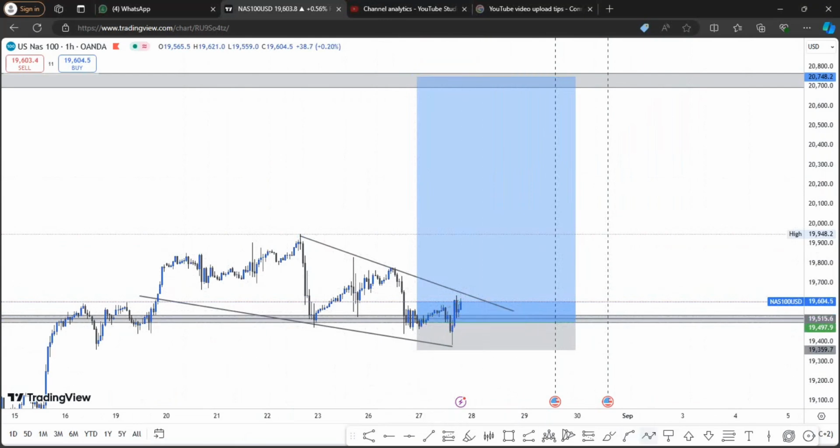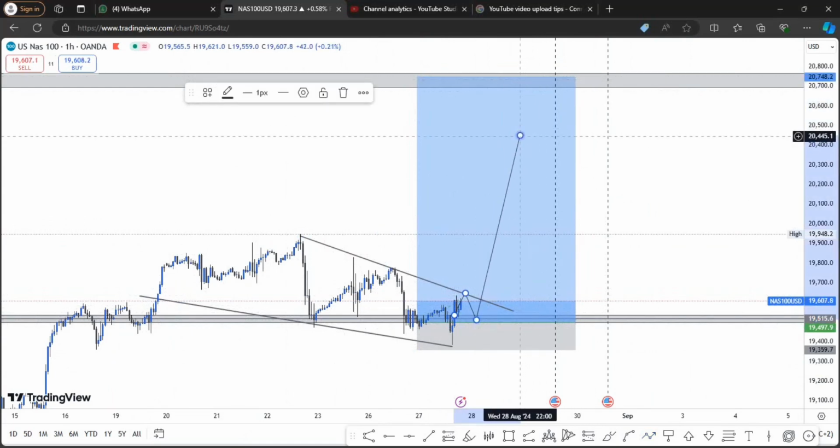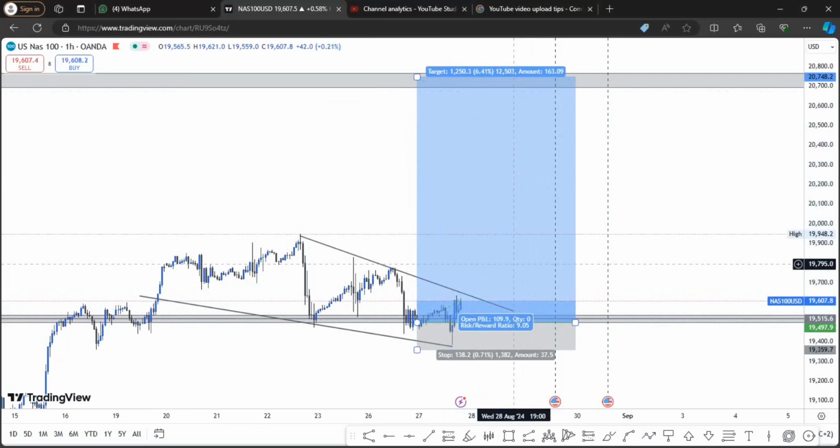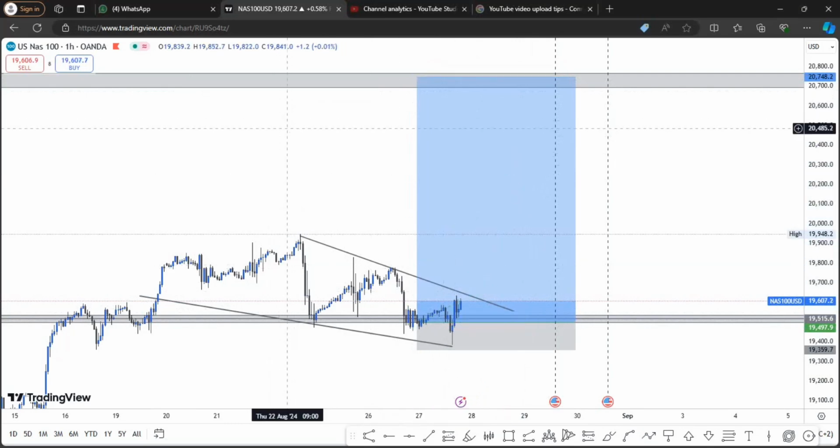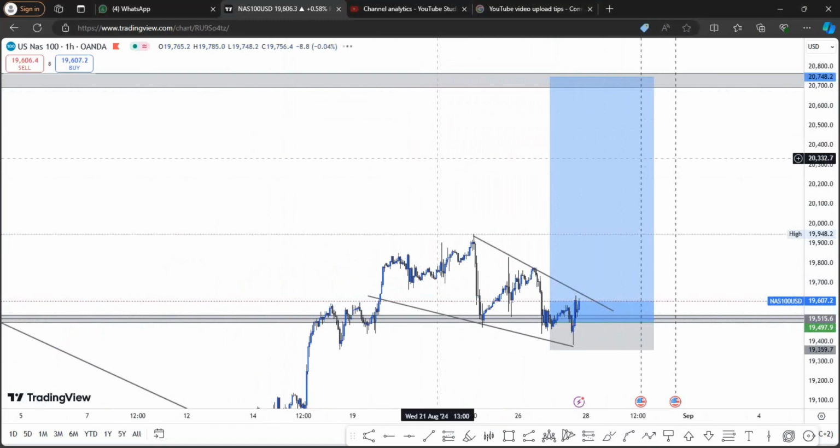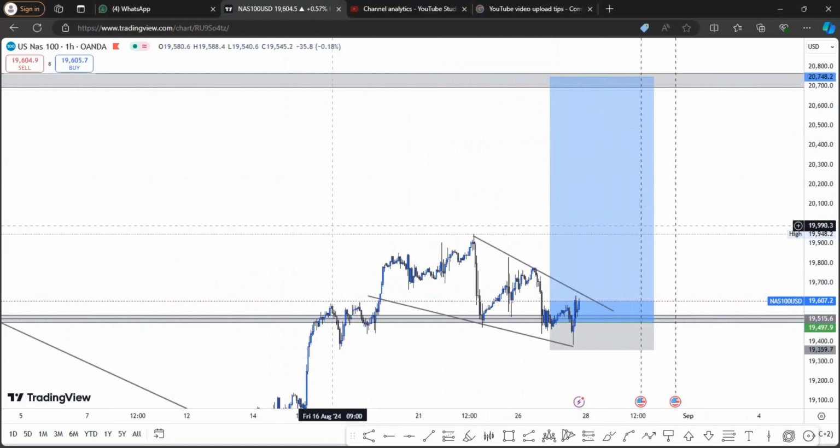So just wait for the market to come to an entry point, because we believe the market can come to an entry point here so that it can shoot to the upside. So that one is valid. Buys are very strong here. We're looking forward to buy Nasdaq again. So yeah, this one is a buy again.